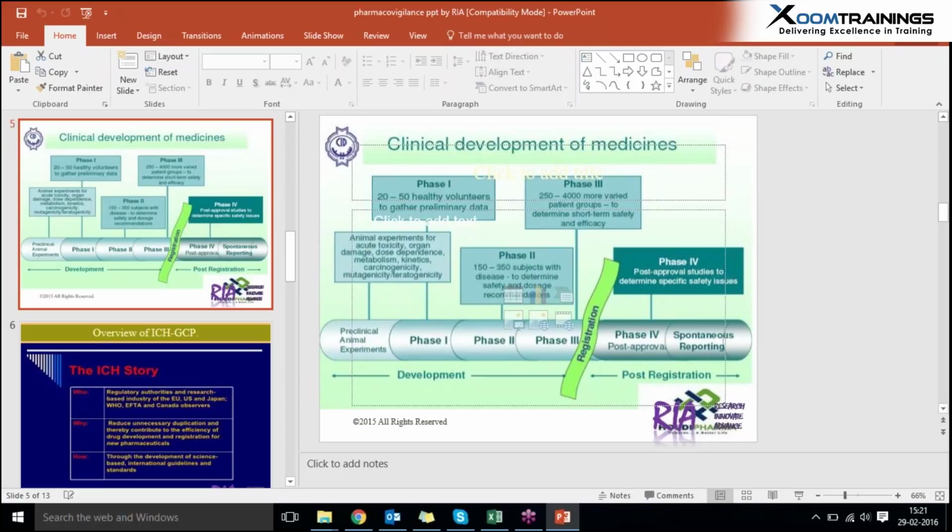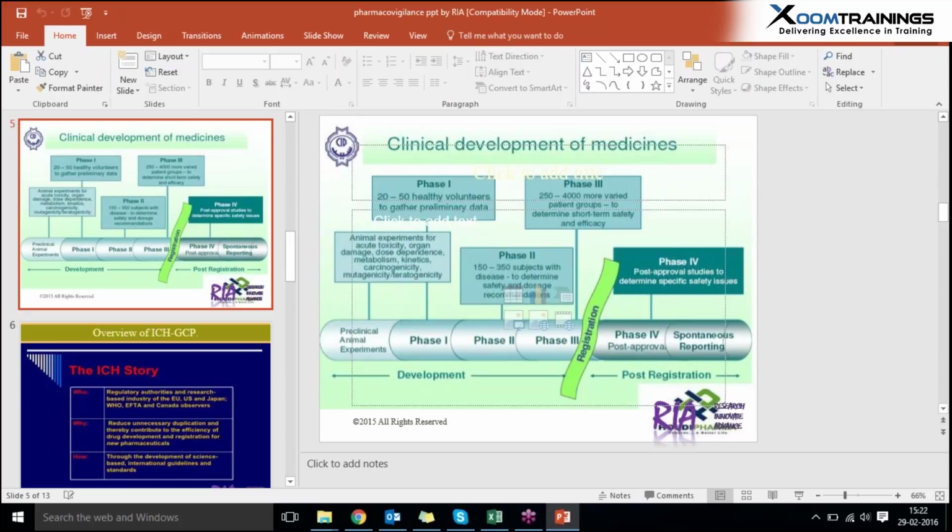In phase 1, they are going to test that particular drug in a limited number of people, that is, healthy volunteers. They will get preliminary data, pharmacokinetic and pharmacodynamic information. Along with that, they are looking for the side effects, potentially harmful side effects. If in phase 1 itself the drug is showing any harmful side effects, definitely your trial is not going to proceed.